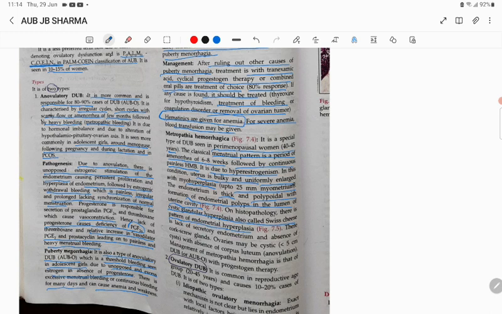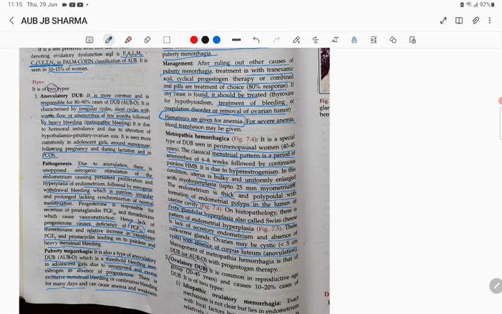What are the things we can see in this? There is lack of secretory endometrium because of absence of corpus luteum. Remember the Swiss cheese pattern. There will be lack of secretory endometrium and absence of corpus luteum. Ovaries may be cystic, less than 5 centimeters, due to anovulation.